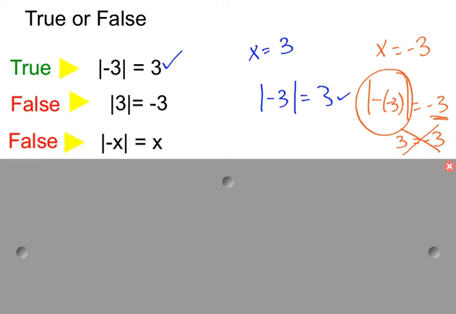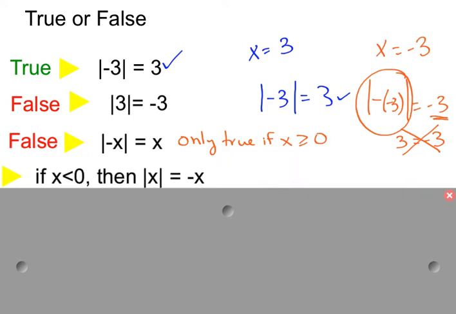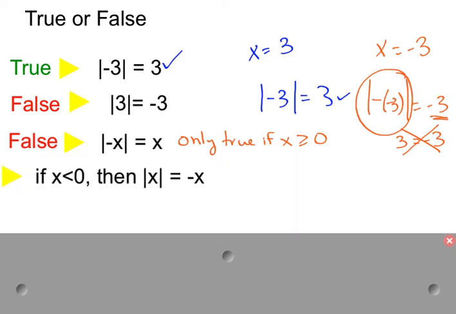So this is sometimes true, but it's only true if x is bigger than 0, if x is positive. Okay, this last example, if x is less than 0, then absolute value x is equal to the opposite of x. Now this one, x is less than 0, that means that the number is negative.